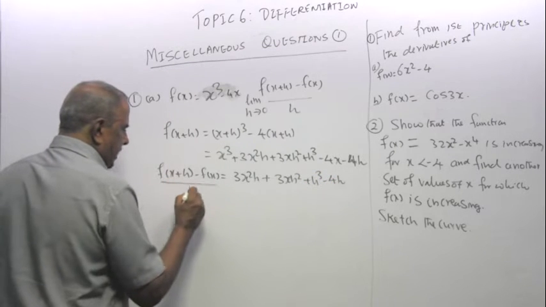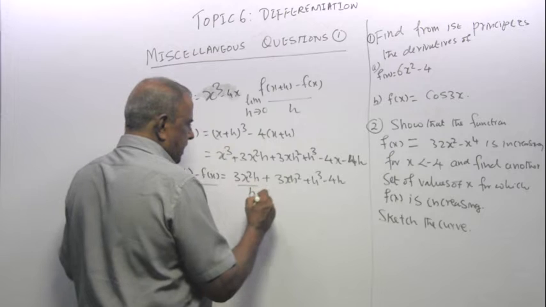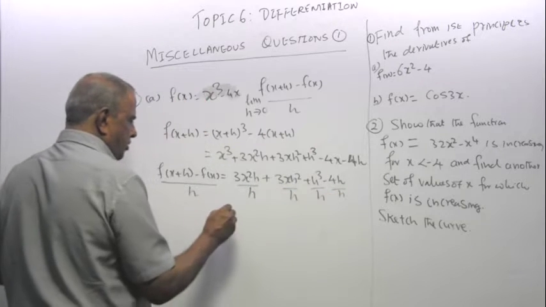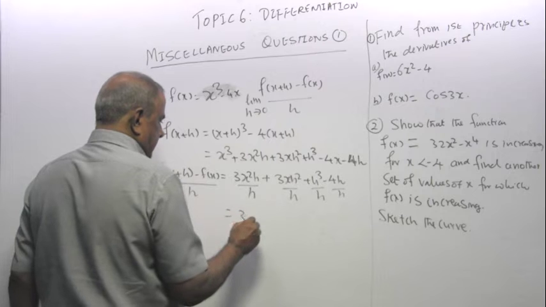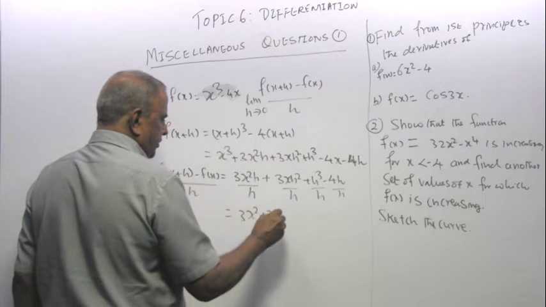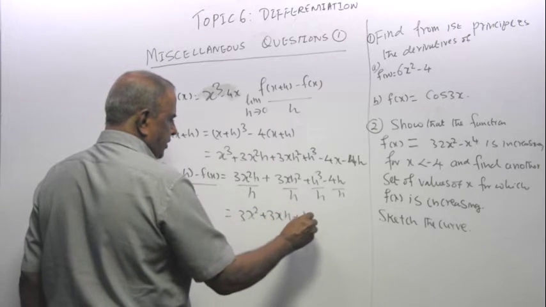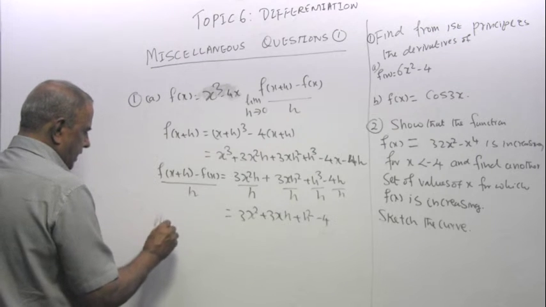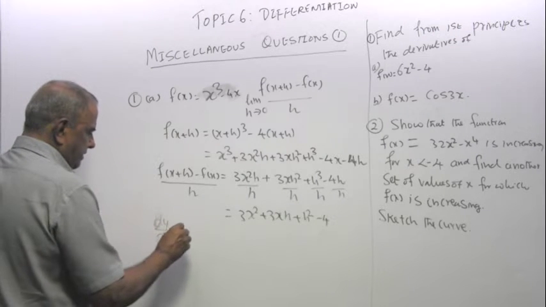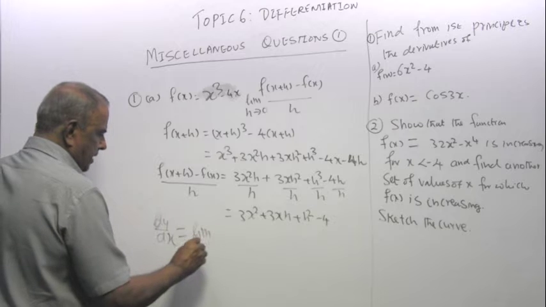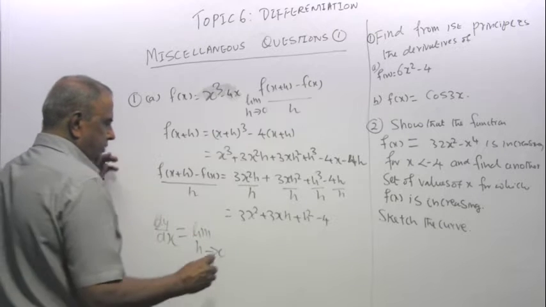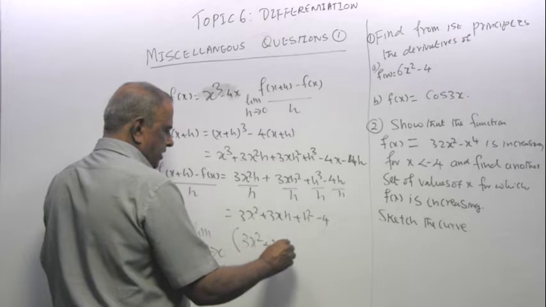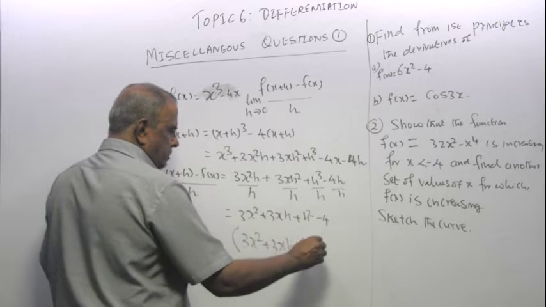I divide this by h, so I divide that by h, that by h, that by h, that by h. What do I get? I get 3x squared plus 3xh plus h squared minus 4. So dy by dx will be, oh, my pen is giving up, limit h tending to 0 of 3x squared plus 3xh plus h squared minus 4.